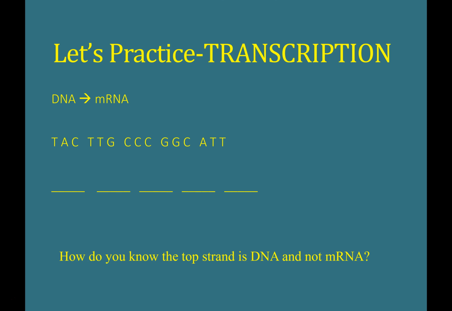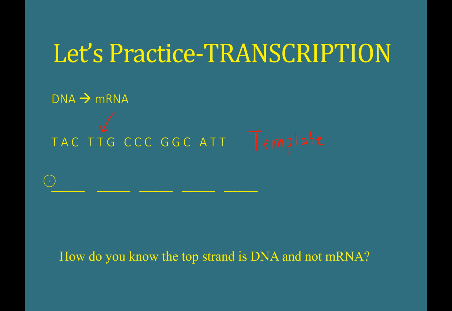So let's practice this transcription. The very first thing you have to remember is, as soon as you see a T, then you know that is DNA, so that's an easy one. If this is the template strand, that means you are making the mRNA from that.